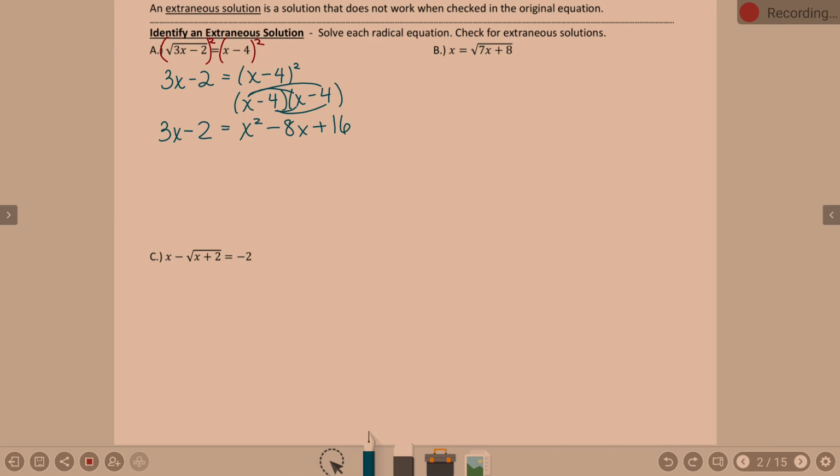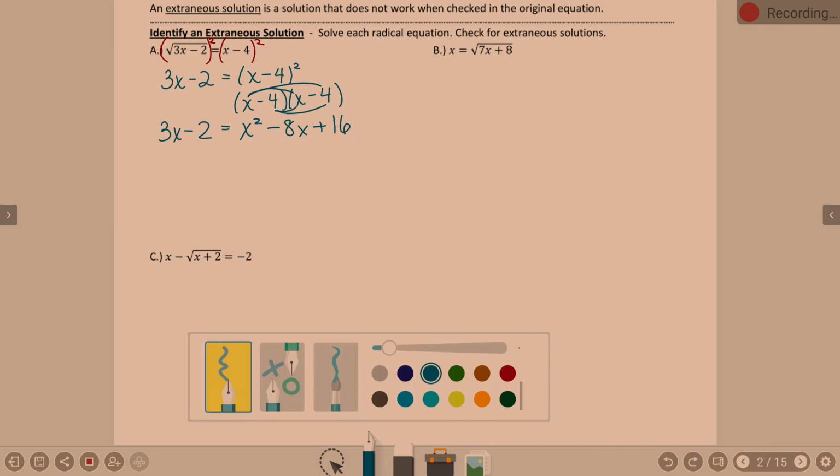We have an x squared and we have x terms and we have number terms. What am I going to suggest making this equation equal to? 0. Okay. When you see x squareds, x's, and number terms, let's make it equal to 0.